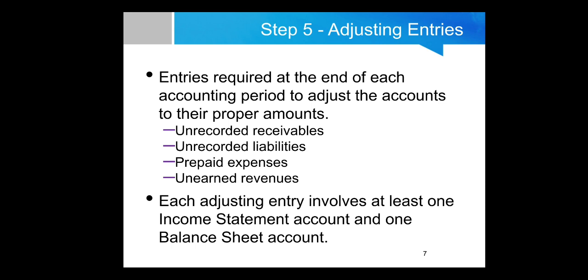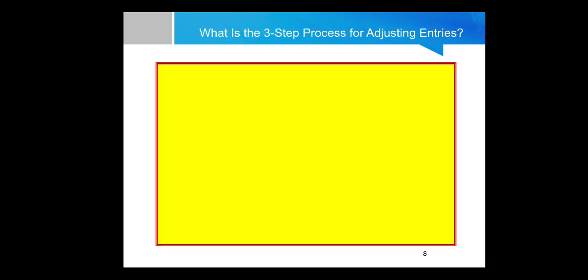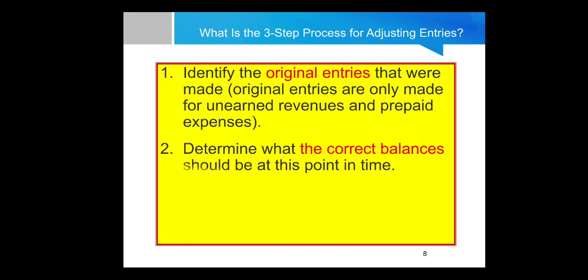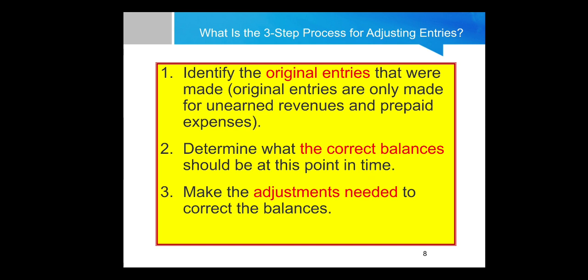Okay, let's see the adjusting entries one by one. These are the steps. When you want to do adjusting entries, you do these three steps. The first one, identify the original entries that were made, and then determine what the correct balances should be at this point in time.